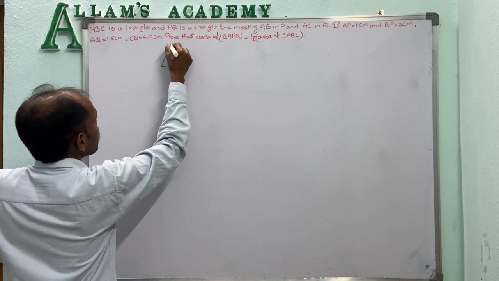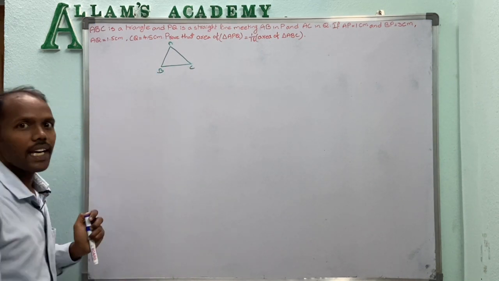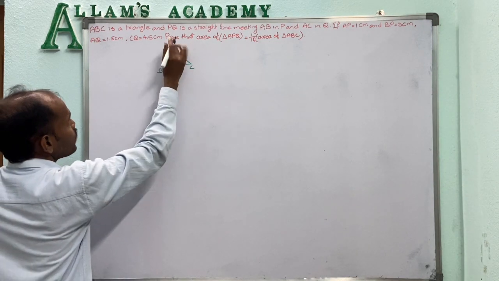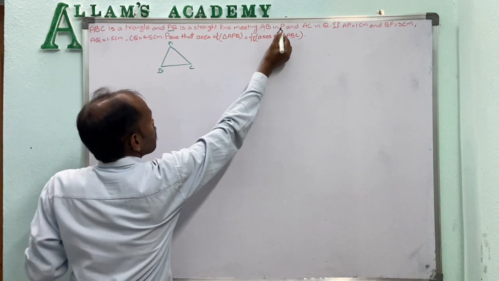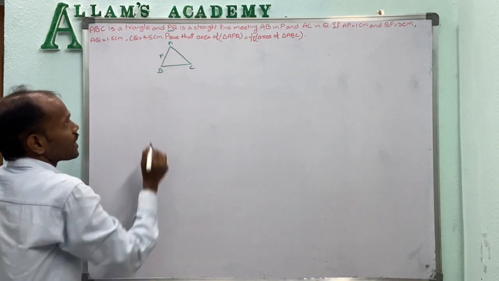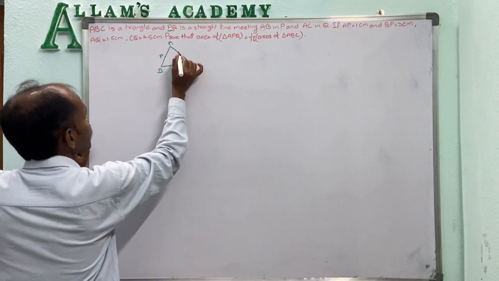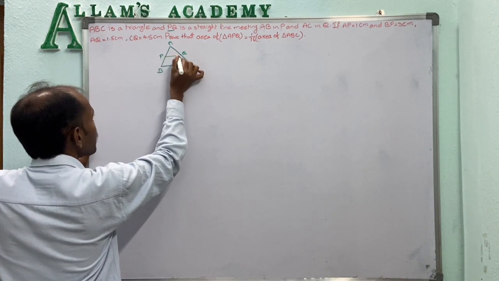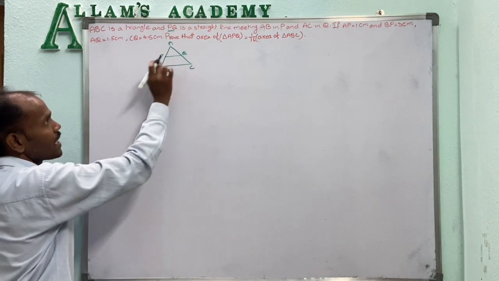Now A, B, C, a triangle. For this triangle, PQ is a straight line, on AB, P point there, and on AC, Q point there. Now joining, so it is a straight line given.